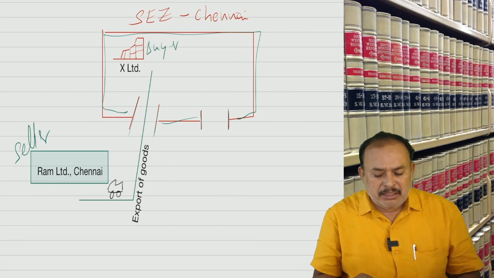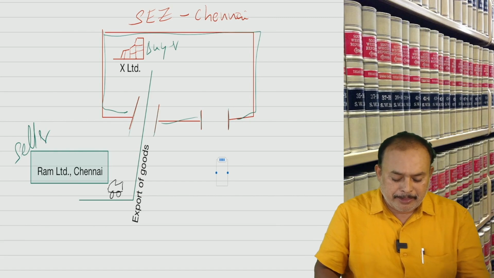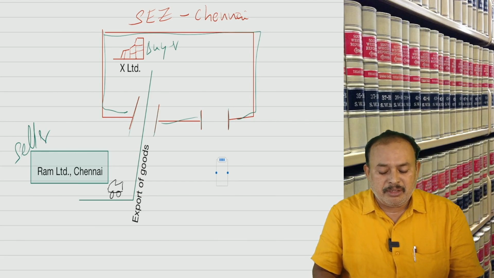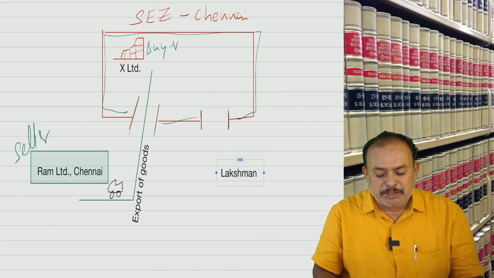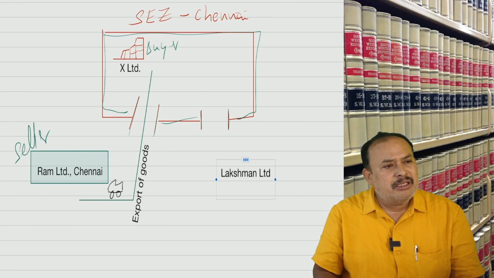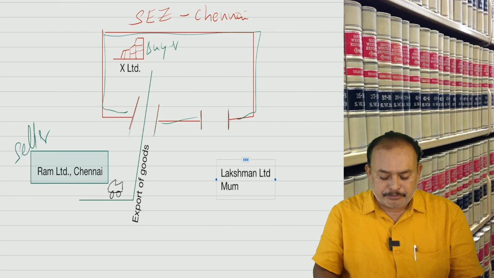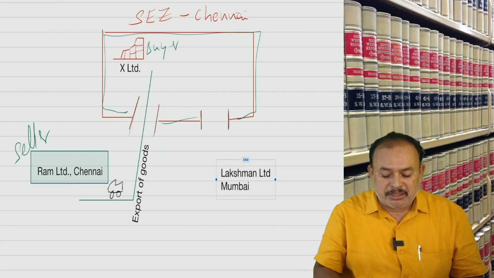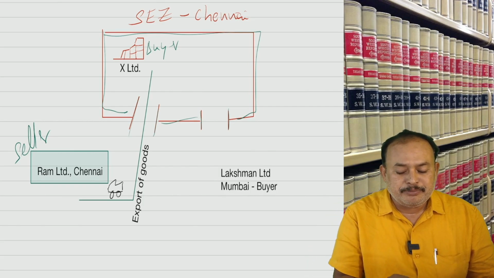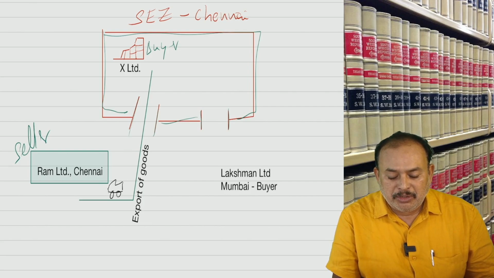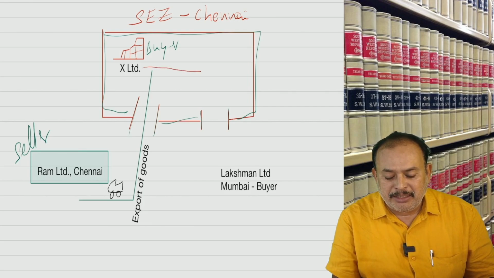Sir, one more company here, which is Lakshman Limited, located in Mumbai, sir. He is a buyer, sir, who purchased the goods from X Limited.